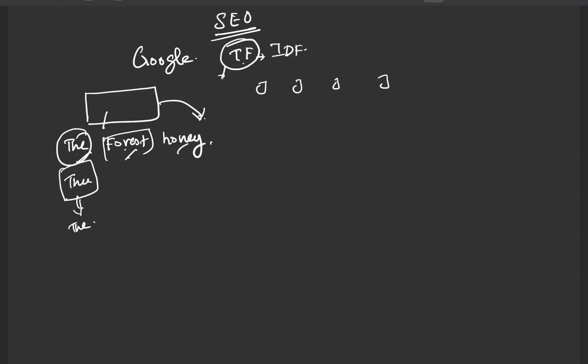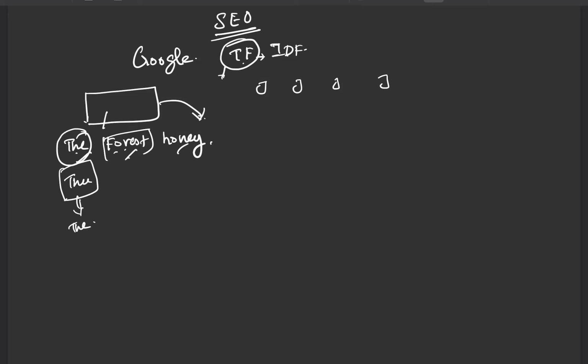But when this TF is combined with IDF, not only is it looking for the word frequency of the word the within the given document, it also sees how unique the given search words are within the document.